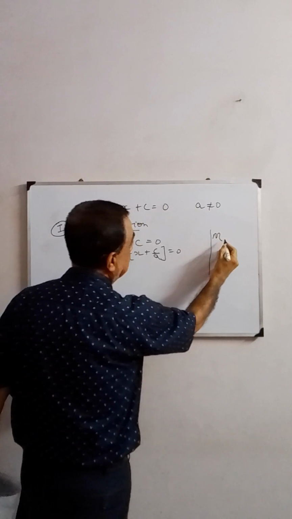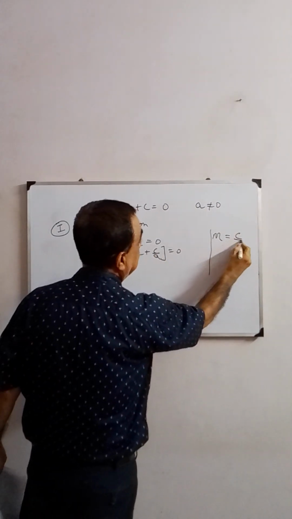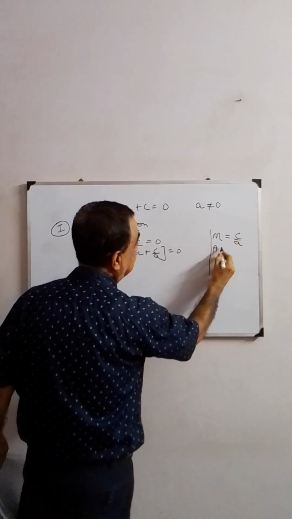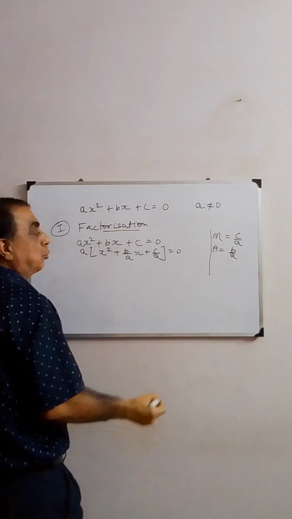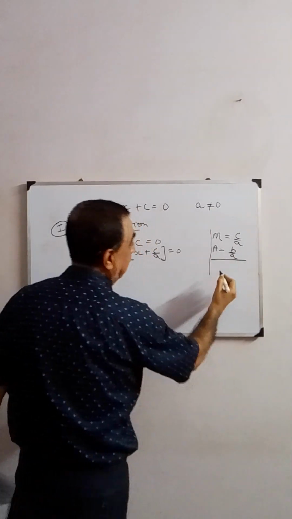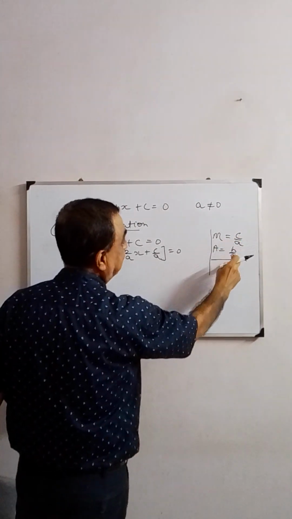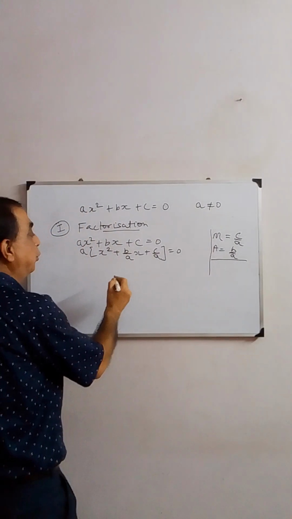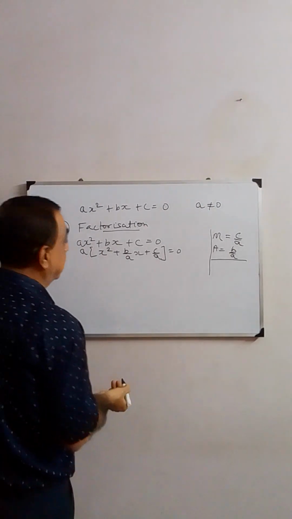on multiplying I should get 1 into c by a. Okay, and on adding I should get b by a. Okay, so we will find out two terms which on multiplying should be c by a, on adding should be b by a. So suppose the two terms are maybe any two terms.